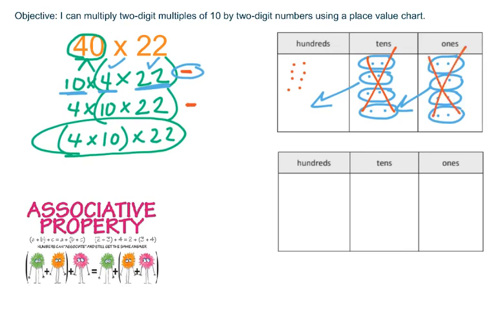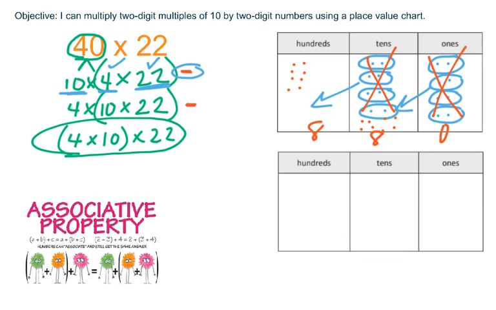And I had 8 in the ones, but now I have 8 in the tens. So in this case, I've got 8 hundreds, 8 tens, and 0 ones. So according to this first problem, 40 times 22 equals 880.